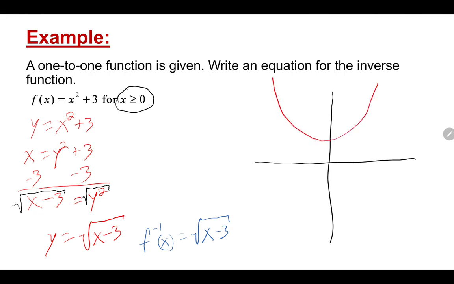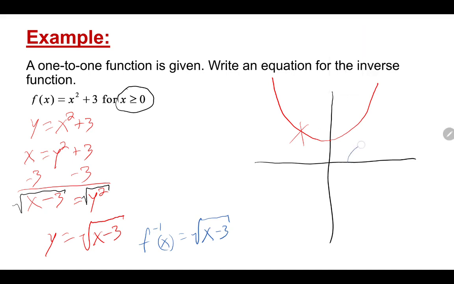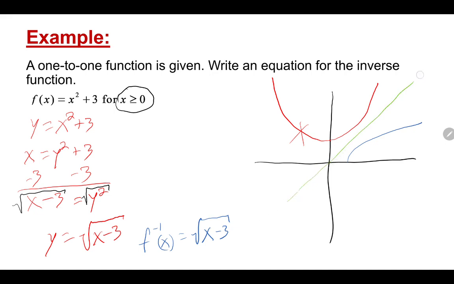That's a nice function. We're only concerned with when x is positive, so we don't even need to worry about any of this. But it also means that when we graph our inverse function, that's going to look something like about here, because that's a minus 3. And we can see that they are mirrors if I had a nice line here.